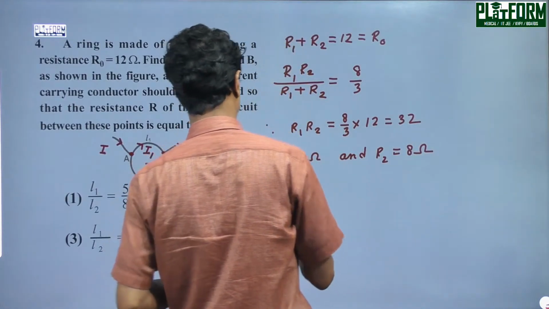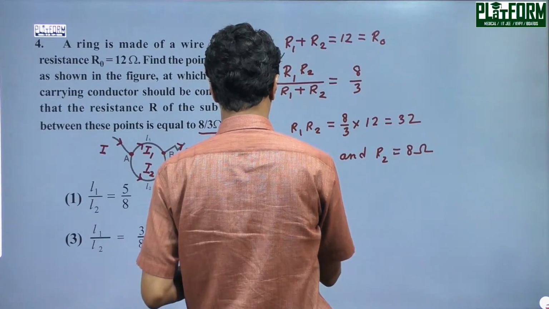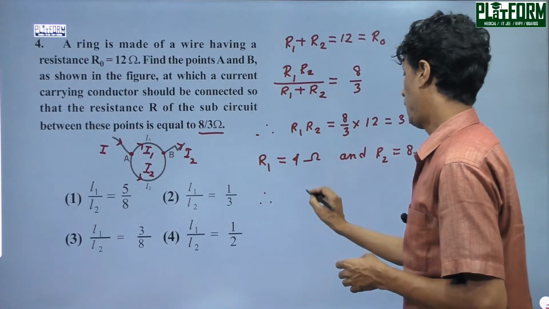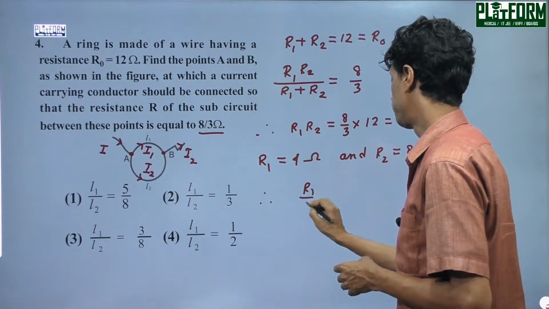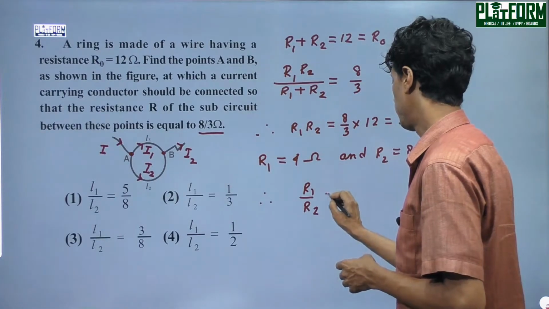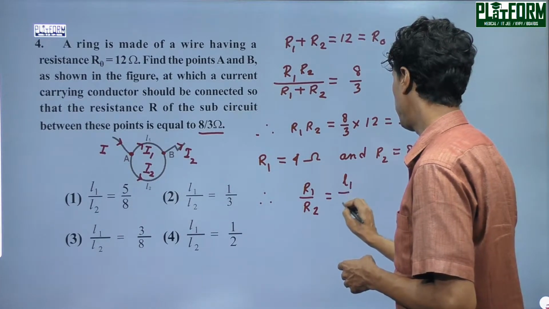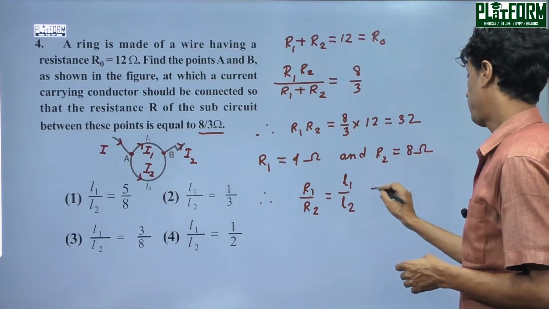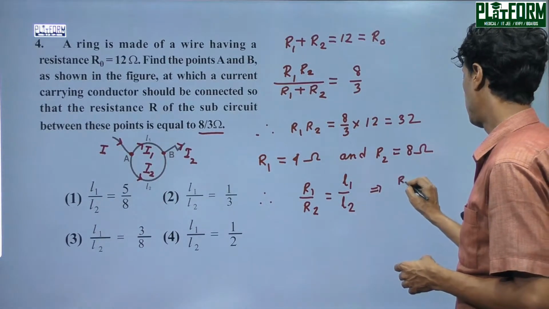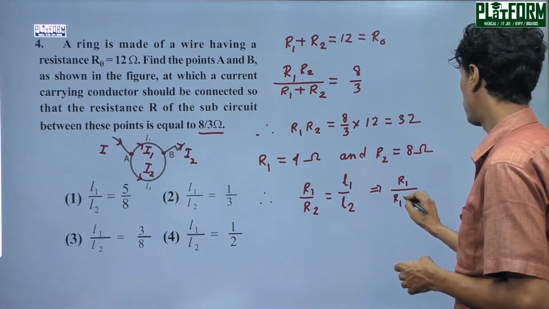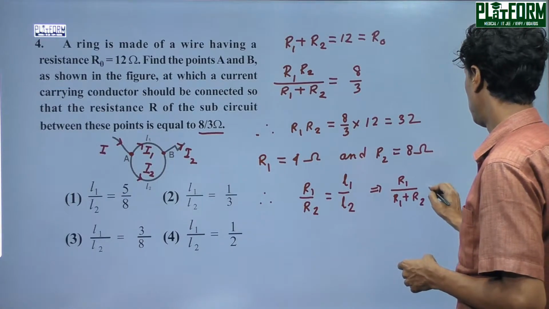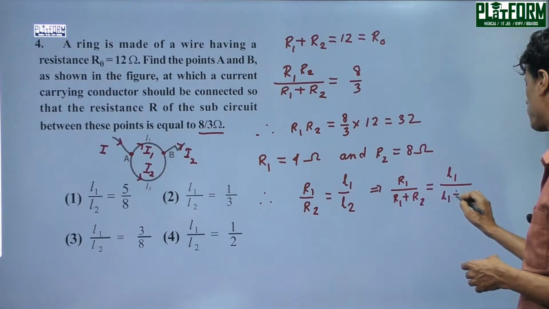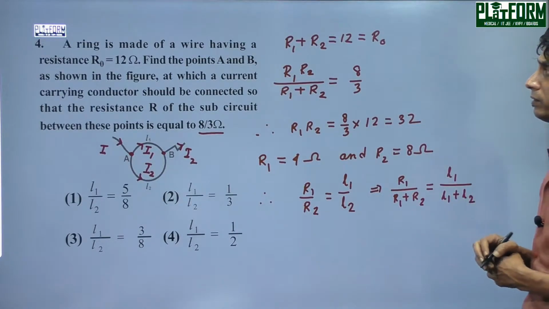And do you know, R1 by R2 is actually L1 by L2, and by arithmetic, R1 by R1 plus R2 can be written as L1 by L1 plus L2. L1 plus L2 is the total length.